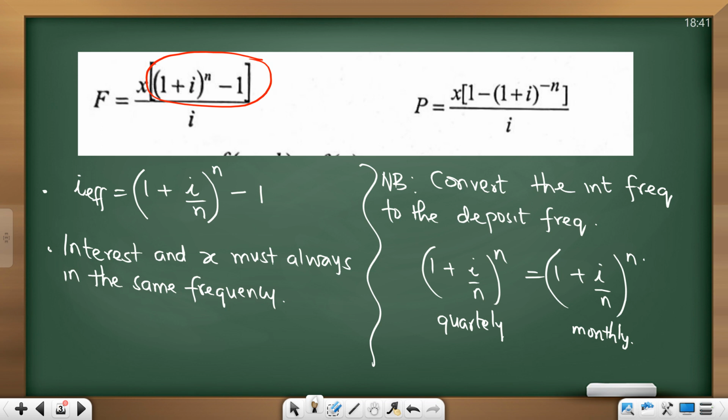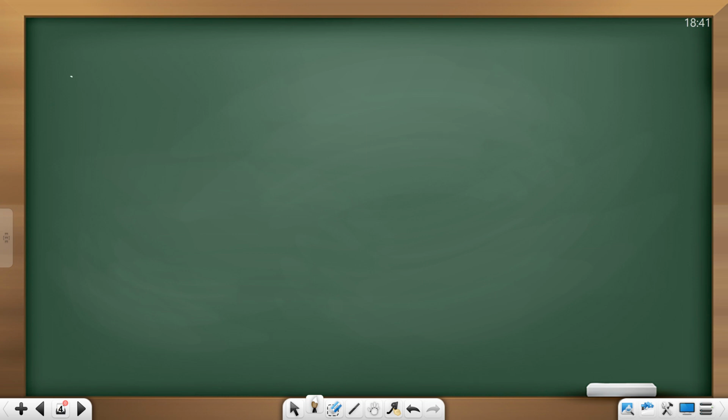Let's just quickly mention something about sinking fund. What are we going to say? Do you know how to calculate sinking fund? Right? What is this? This is F, right? But what is it? Growth minus what? The decay.